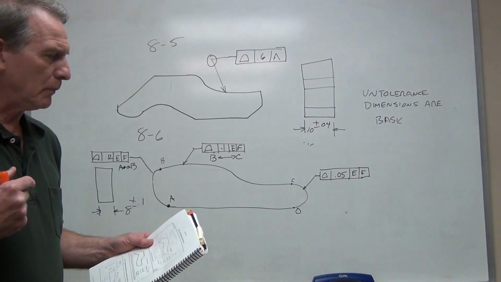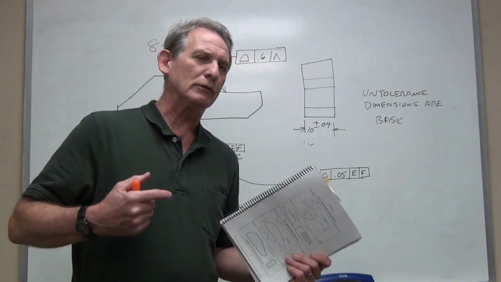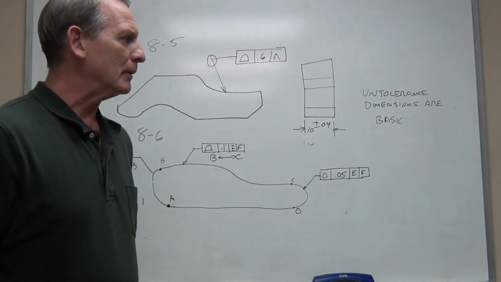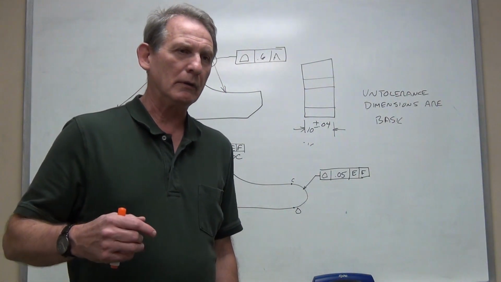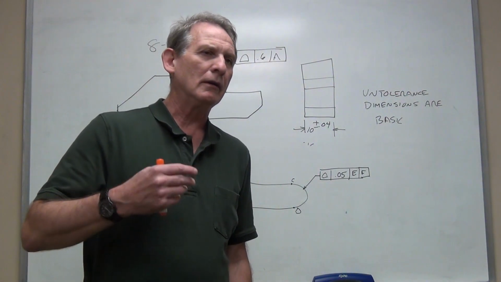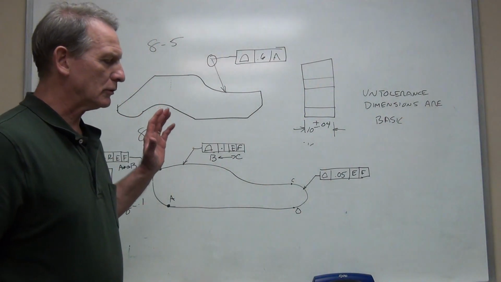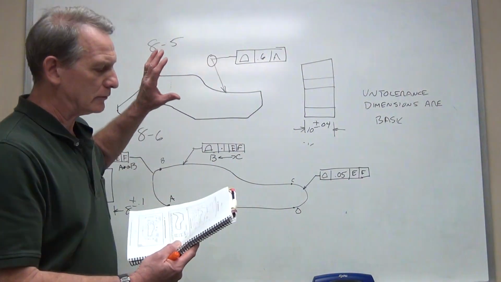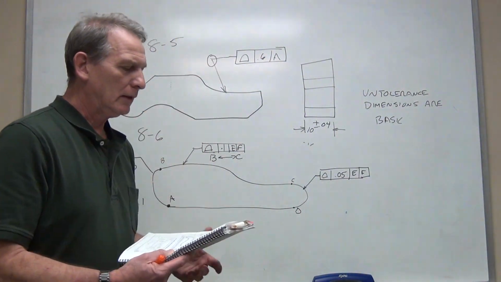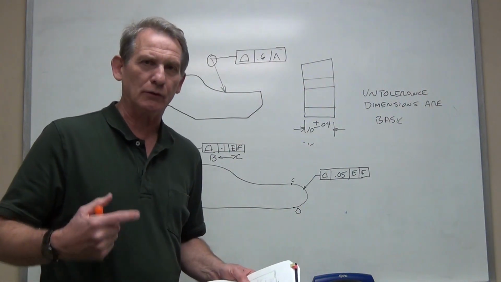Here you're going to see the other approach that you can take, and it works as well as any, I think. It isn't quite as obvious which dimensions are toleranced and which ones aren't, but if you look at the actual example, and I didn't put all the dimensions on this sketch, you see all the dimensions that are defining size and location.